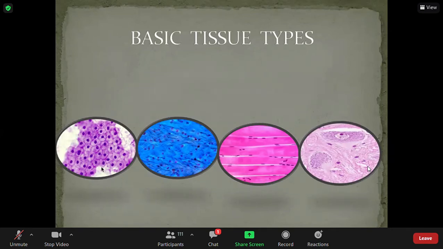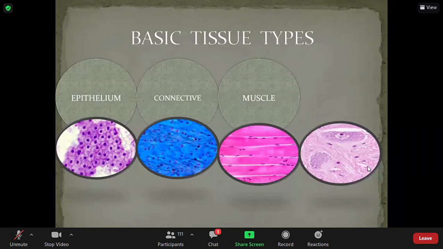The first is your epithelium or epithelial tissues. Second are your connective tissues. Third is your muscle or muscular tissues.